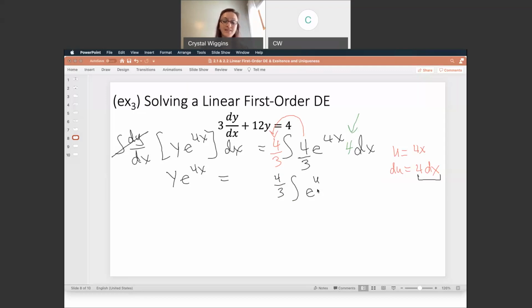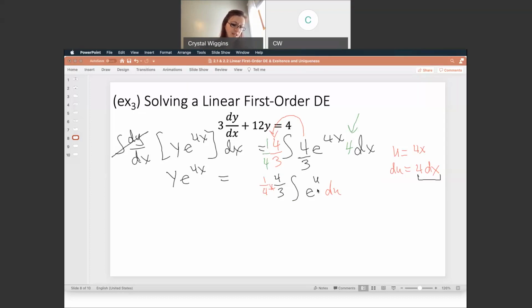So in order to balance this on the outside of the integral, I need to put a 1/4, because 1/4 times 4 is 1, and therefore I really just multiplied the right side of the equation by 1, and it doesn't change anything effectively. So I have 1/4 times 4/3 integral e to the u du now.